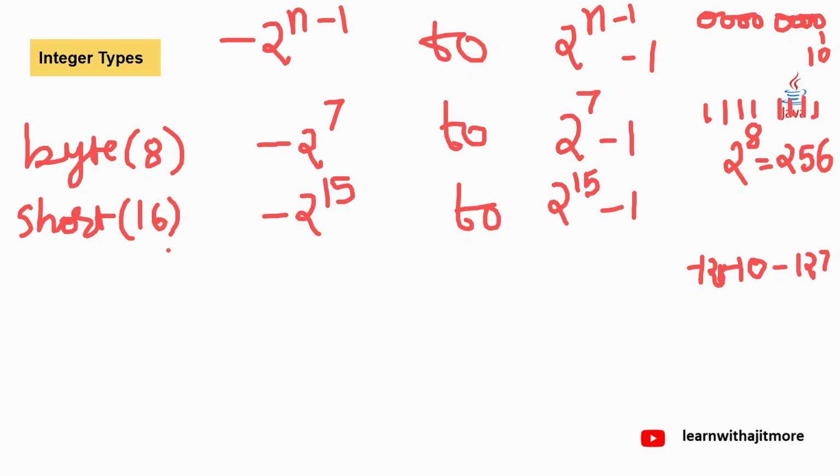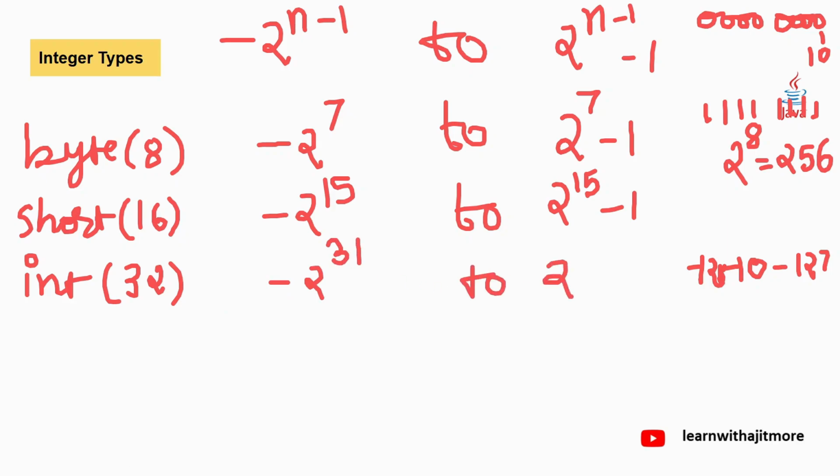And 64,000 means 32,000 positive, 32,000 negative. Then comes int. Int takes 32 bits. So it is minus 2 raised to 31 to 2 raised to 31 minus 1. This comes out to be plus or minus 2 billion.